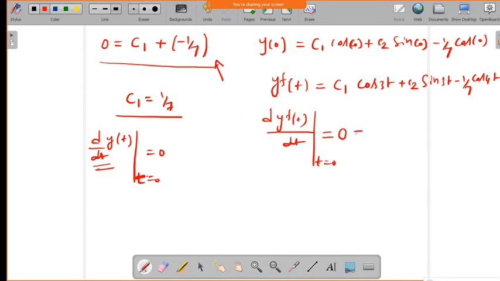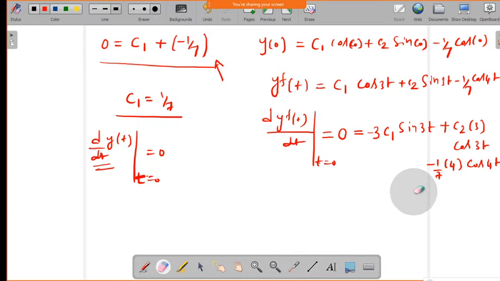Okay. So, differentiate this one. So, you will get 3 C1, so cos, if you differentiate, it will become minus sin 3t plus C2 into 3 into cos 3t minus 1 by 7 into 4 into cos 4t. Okay. Sorry, so the differentiation, it will become sin.